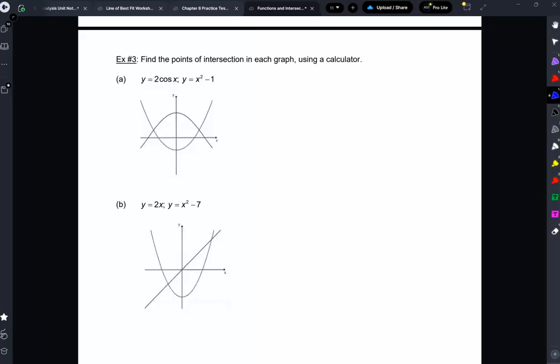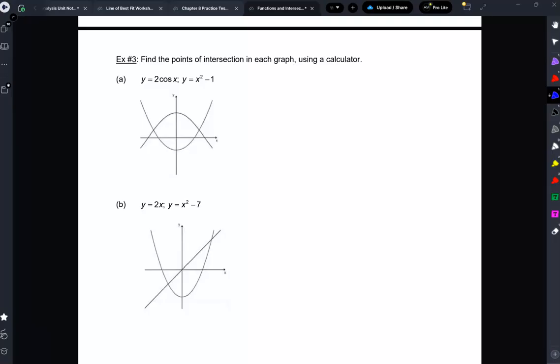So look at this next page. Find the points of intersection in each graph using a calculator. Now, these two problems, I've actually taken them straight out of the calculus problems. What's important here is this. When you see this, and suppose you have the graph given to you, great, wonderful. You need to first be able to identify which is which.